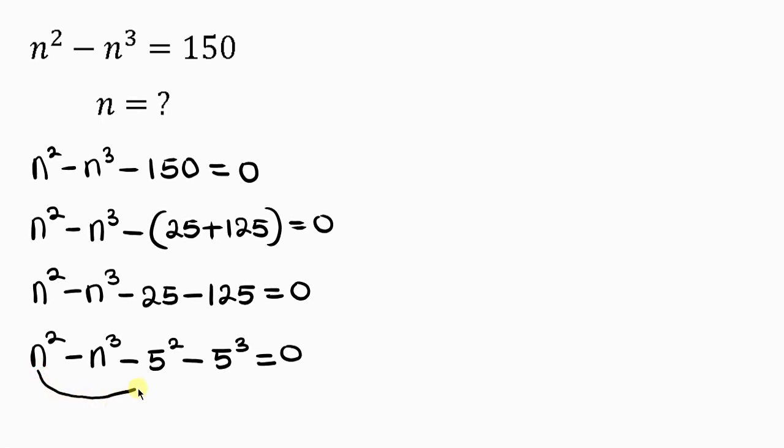N squared will be paired to negative 5 squared, and n cubed will be paired to negative 5 cubed. So this becomes n squared paired with negative 5 squared, and then negative n cubed, so negative n cubed will be paired with negative 5 cubed, so negative 5 cubed. And this is equal to 0.